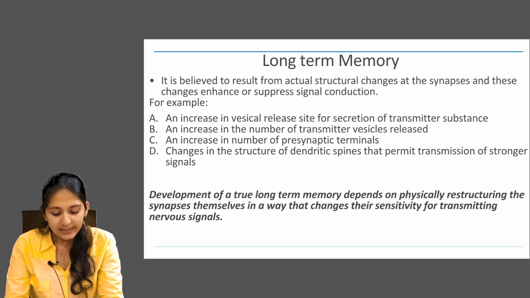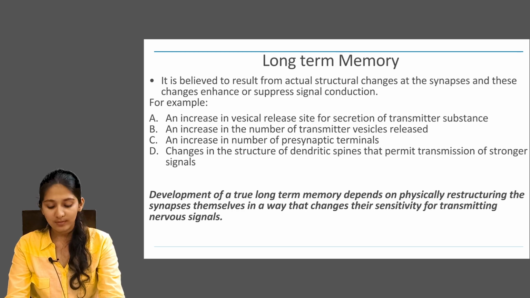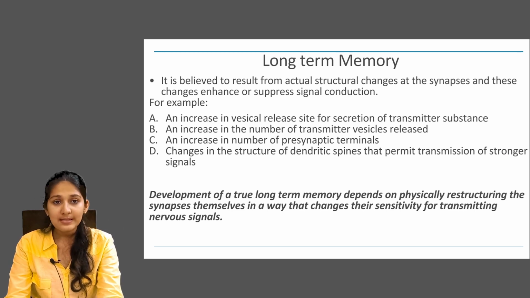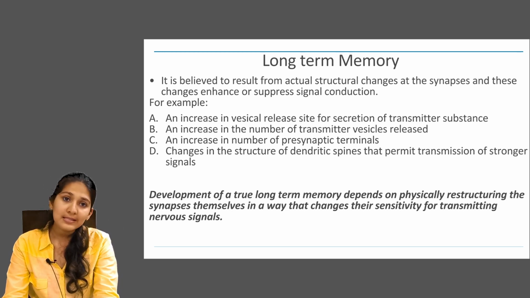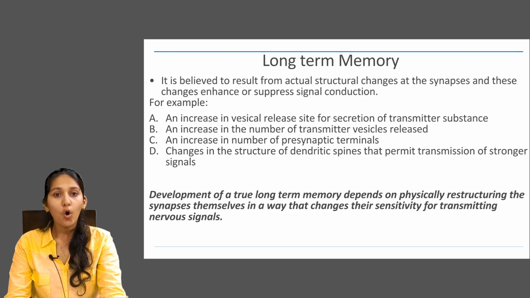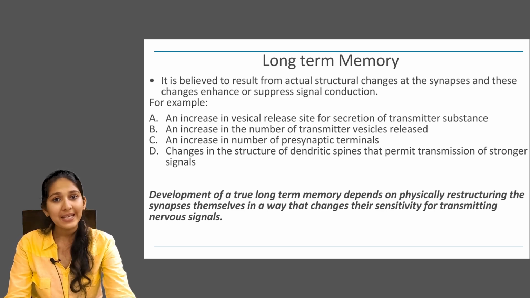For example, there can be an increase in the release site of secretion of transmitter substance. That is, we can increase the surface area to which the vesicles are going to fuse, or we can increase the number of transmitter vesicles, or we can increase the number of presynaptic terminals.